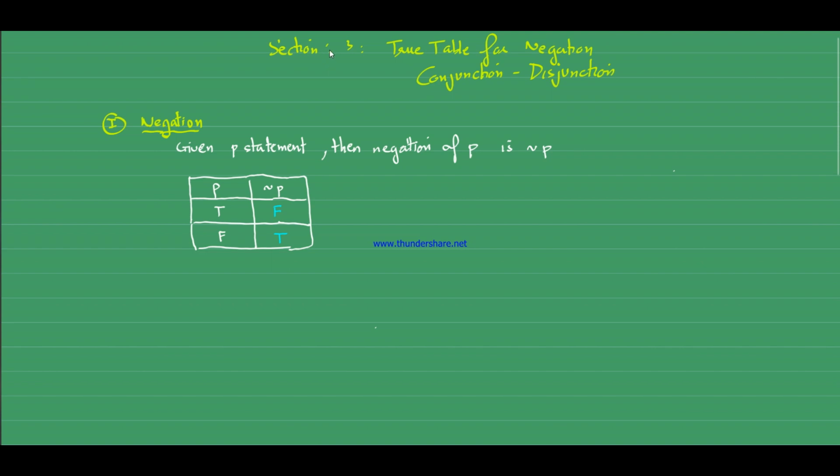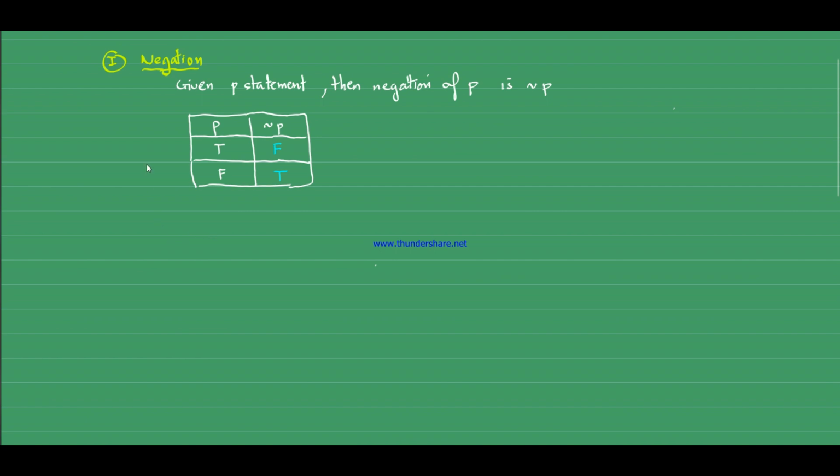Now let's talk about 3.2. How about we set up the truth table for conjunction? So second Roman numeral, conjunction.